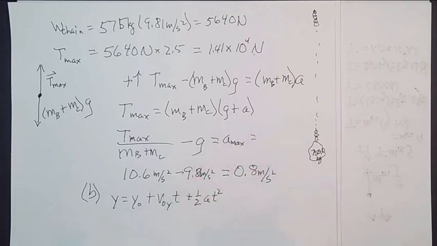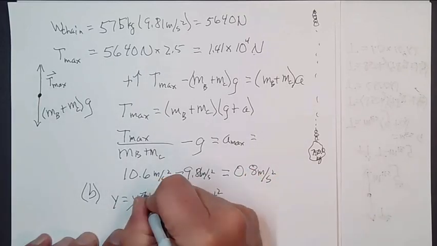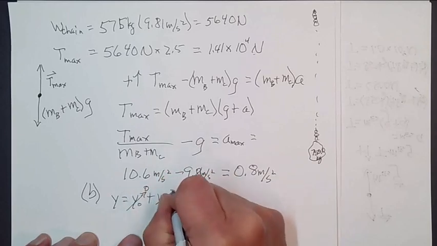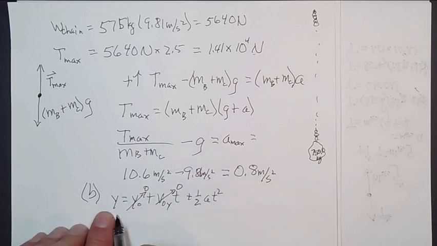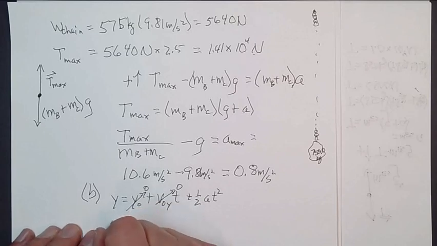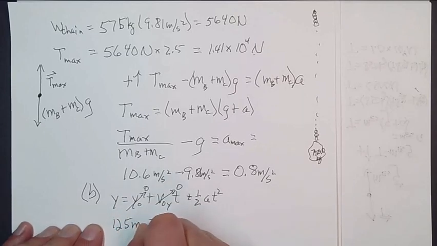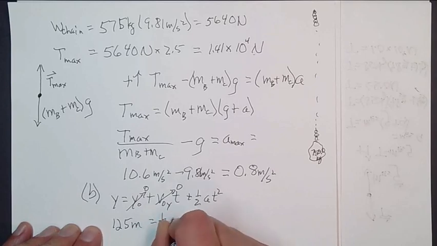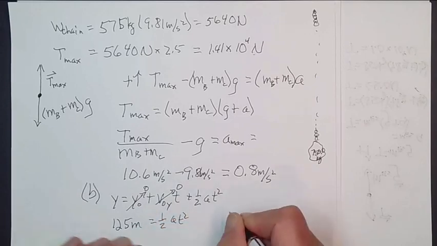It's attached to this chain and it's accelerating upward. I can say y naught is 0, v naught y is 0, and the y that we're going to end up at is 125 meters, and that'll equal 1/2 a t squared.